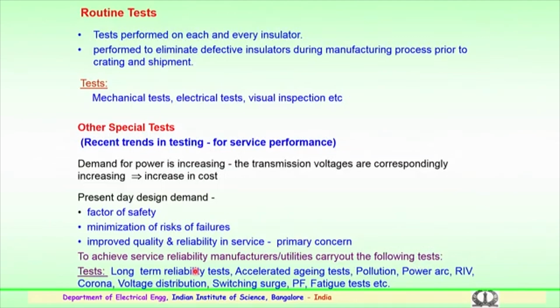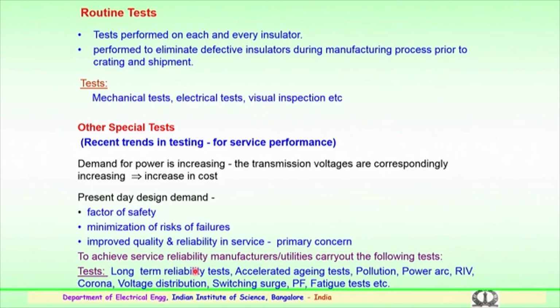Routine tests are generally performed on each and every insulator. These tests are performed in the factory, and are mainly intended to eliminate defective insulators during the manufacturing process, prior to crating and shipment to the utility centers.